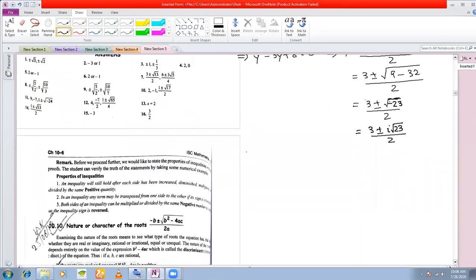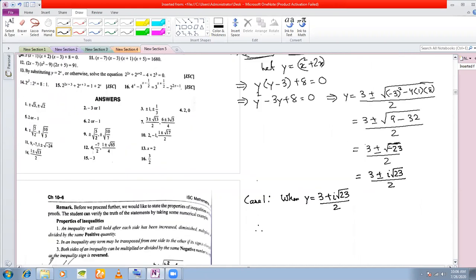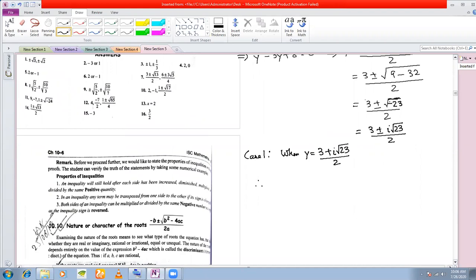Case 1. When y is equal to 3 plus i root 23 divided by 2. So therefore, what do you have? x square plus 2x is equal to 3 plus i root 23 divided by 2.